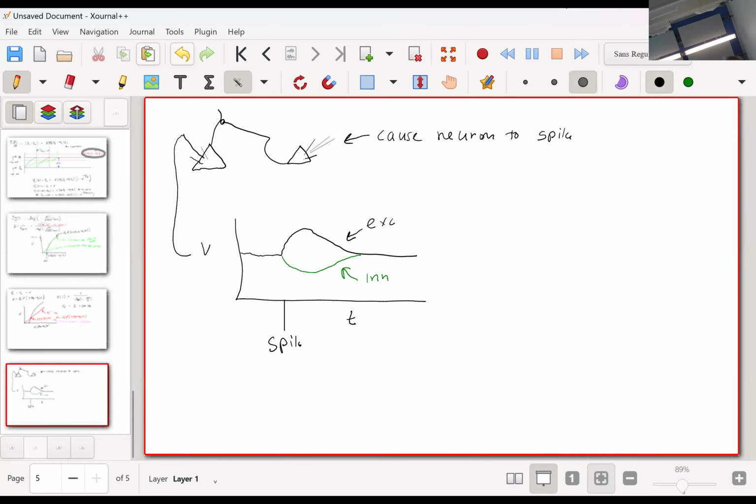EXE. But in either case, the amplitude here is about 1 millivolt, maybe half a millivolt. So when a presynaptic neuron spikes, it produces a PSP of about a half a millivolt.